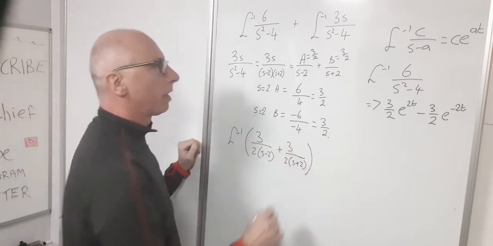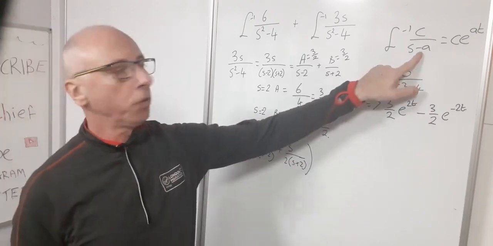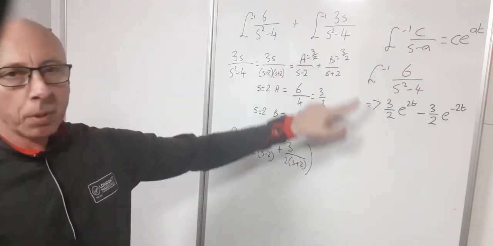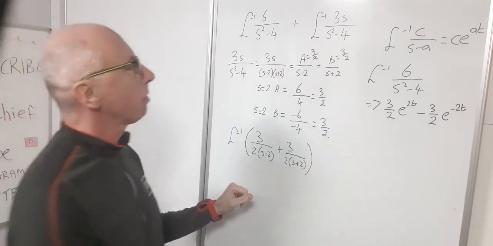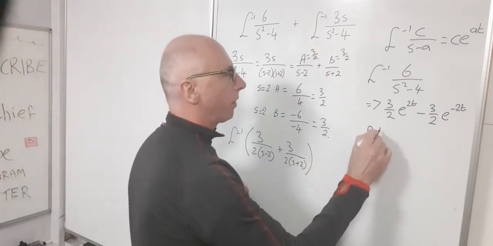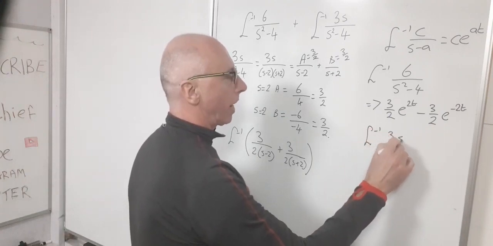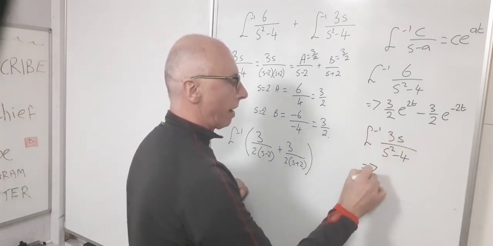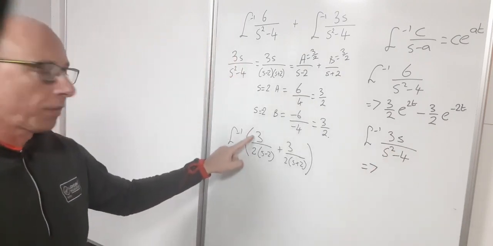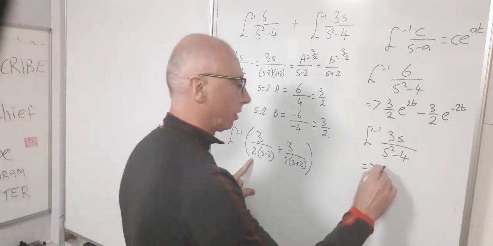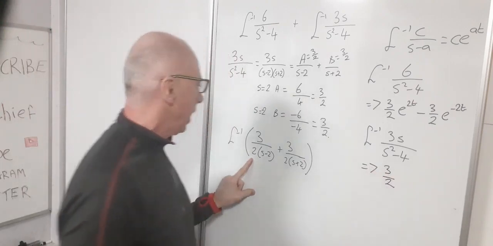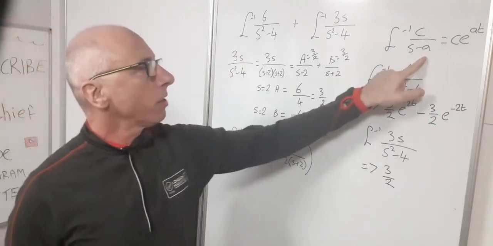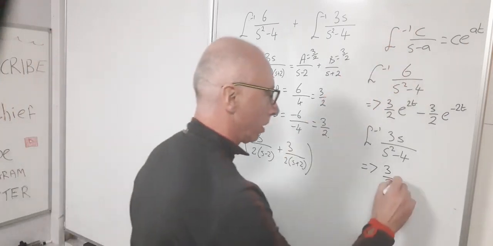Okay, now this time I can use my general formula again. It's of the same kind of format. So now let's put in my result onto here. Let's see where we go. So now the inverse Laplace of 3s over s squared minus 4, that would lead me to, well, I've got 3 over 2 again, and s minus 2, well, with a minus 2, e to the 2t.